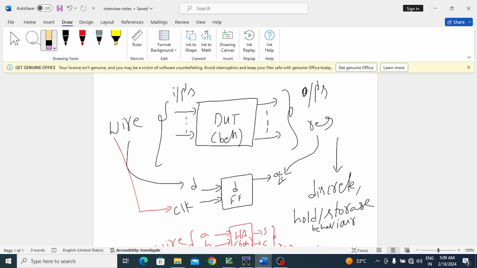So why am I writing reg for this? Until getting the next output, it has to store the present output. That is the intention. This Q has to store the present output until getting the next output. Suppose it already contains some output.